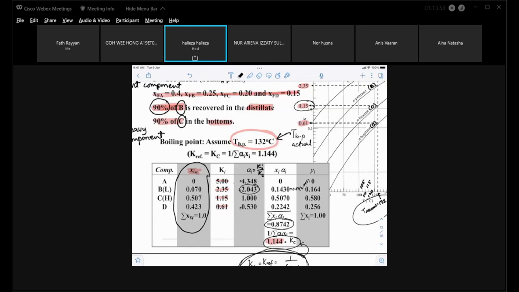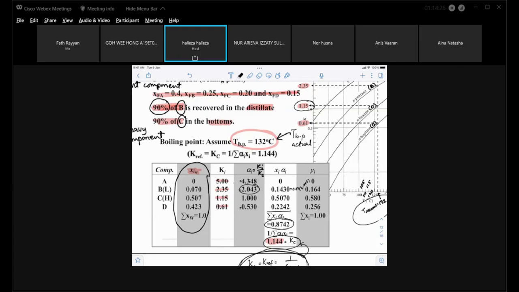Sometimes the relative volatility is already given, and you know that is 1, because that is the reference component. In this example Kc is the reference component. You can look it up whether it has to be the heavy key that is the reference component. This example uses the heavy key as the reference component.